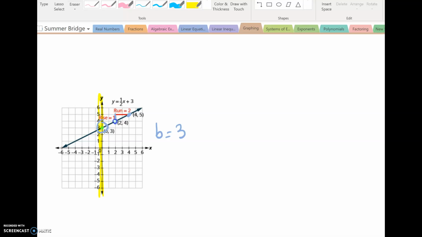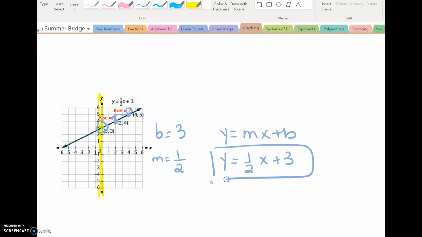In this case, I'm going up 1 unit and then to the right 2 units. So my slope is up 1 over to the right 2, which means it's a positive 1/2. The equation of the line is going to be mx plus b. I'm going to plug in what I have: y is equal to my slope, 1/2, times x, and then my b is 3. So this is my equation of this particular line.